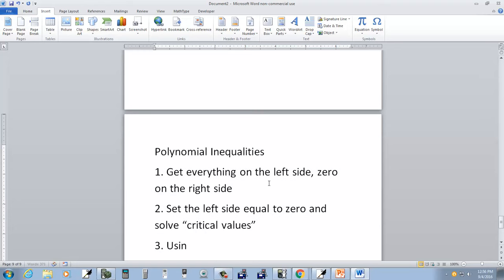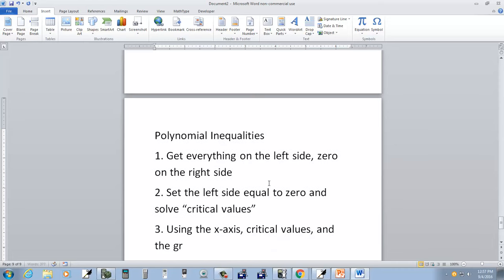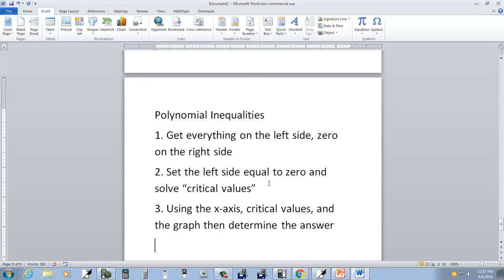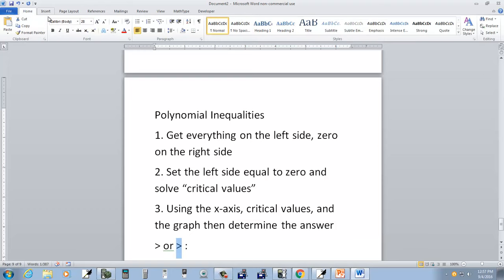Step 3. Using the x-axis, the critical values, and the graph, then determine the answer. And if you got a greater than or greater than or equal to, then your answer is above the x-axis.